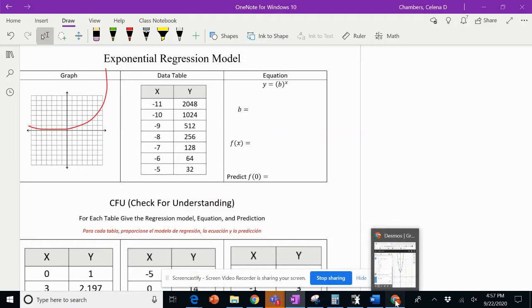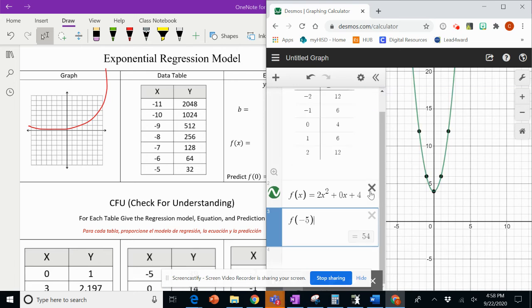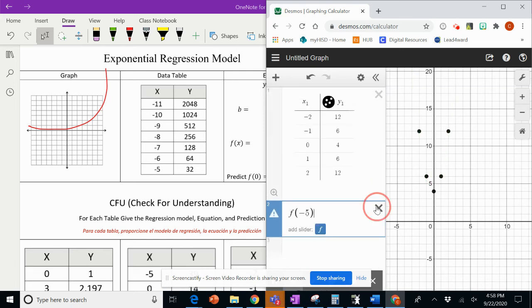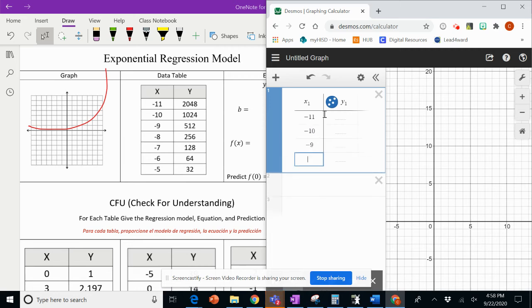Let me go back to Desmos, and I'm going to start a brand new table. All right, so we're going to enter our table. I have -11, -10, oops, -9, -8, -7. Man, I was really going in on this table.